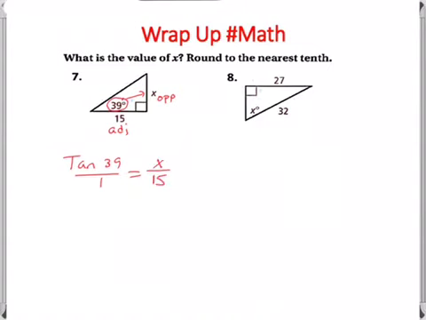At this point, we want to cross multiply. So x times 1 is x, and then 15 times the tangent of 39. At this point, we plug this in our calculator, and we should get that the length for x should be 12.15.